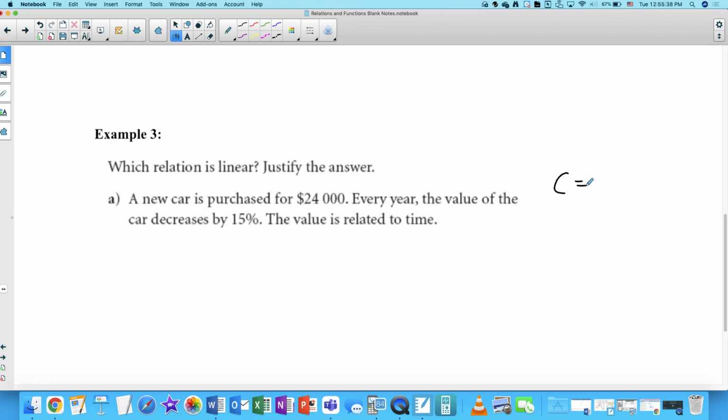And if I notice that it increases by 50% every year, then I know it's going to be dependent on how many years it is. So I would say V is equal to 24,000 minus 0.15x, or I guess a variable for that. And then from there I know it's going to be constant change because it's not an exponent.